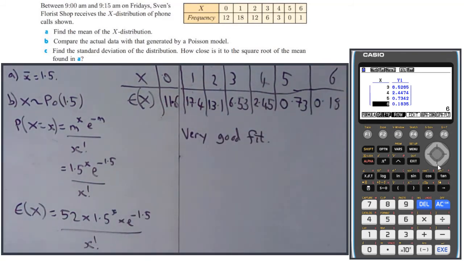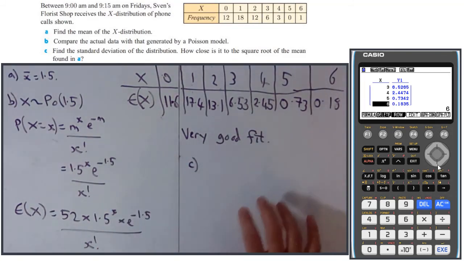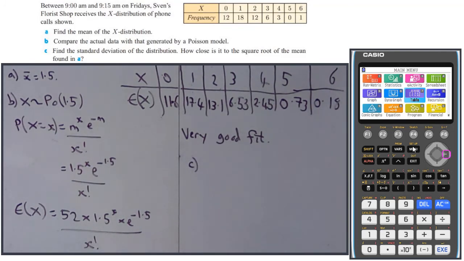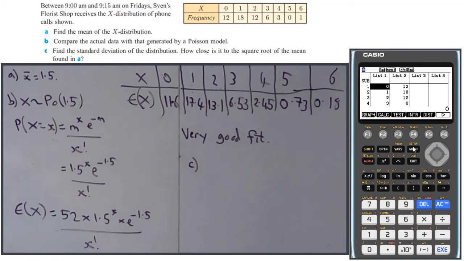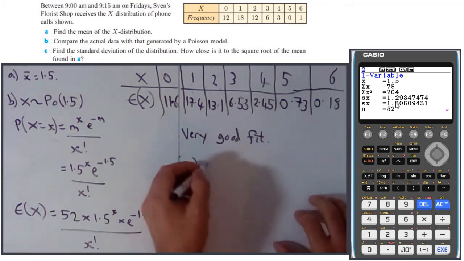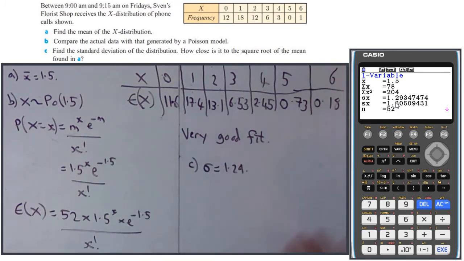Okay, find the standard deviation of the model. That means the actual standard deviation using the frequency table, so we go back to our statistics mode, go to calc 1 var, and it tells me that sigma x is 1.29. So sigma equals 1.29, from the actual data.